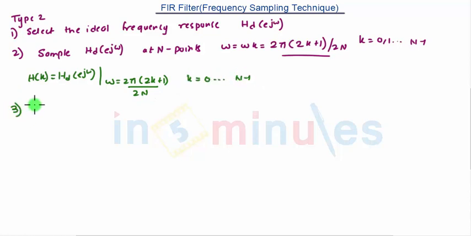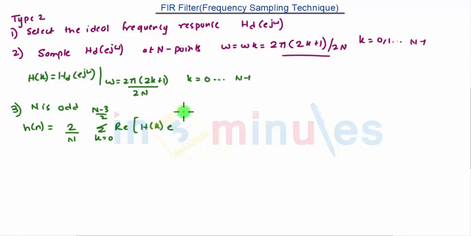The third step is compute the N samples of impulse response, that is h(n). So when N is odd, impulse response h(n) is given by 2/N summation k equal to 0 to (N minus 3)/2 real part of H(k) e^(jnπ(2k+1)/N).